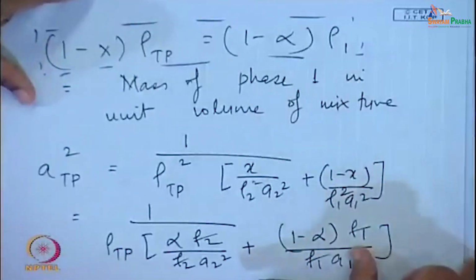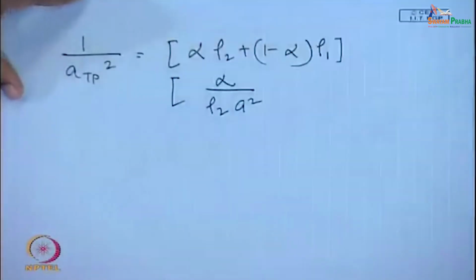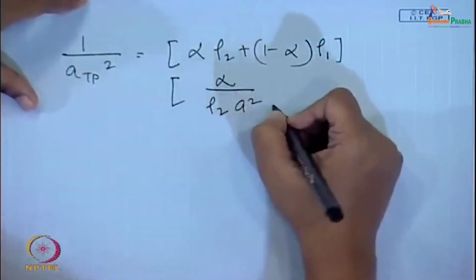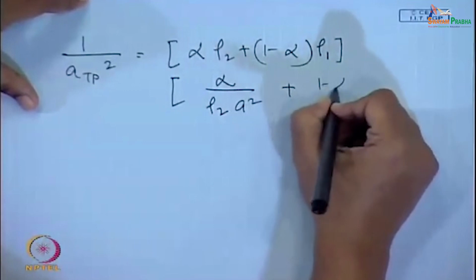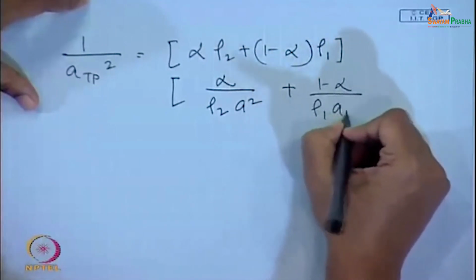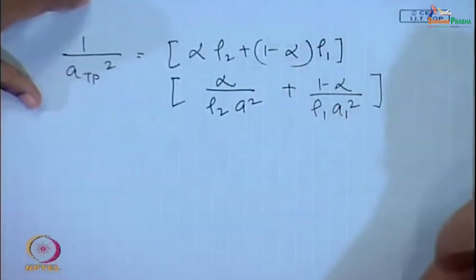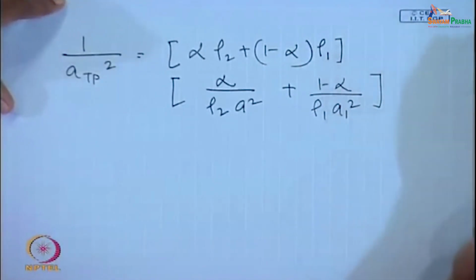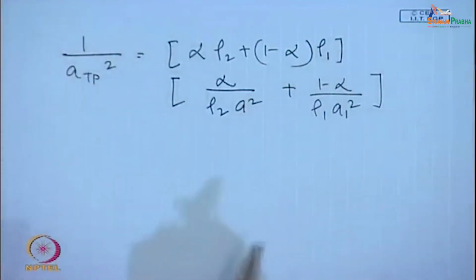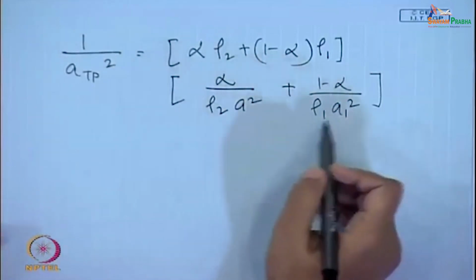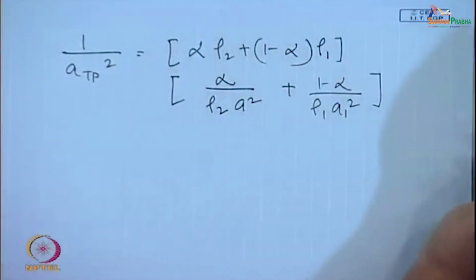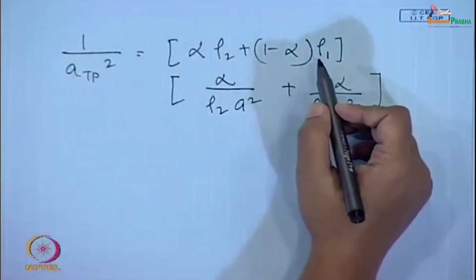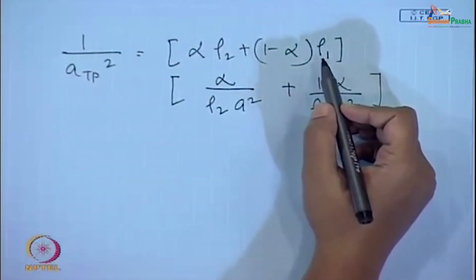Therefore, I find that A TP square equals alpha rho 2 A2 square plus 1 minus alpha rho 1 A1 square. So this is the expression which I have obtained. What do I see from this expression? We see rho 1, rho 2 are constant. So A TP is definitely a function of alpha only, isn't it?